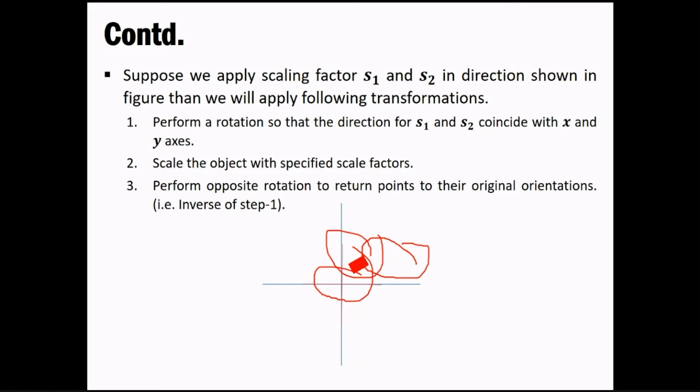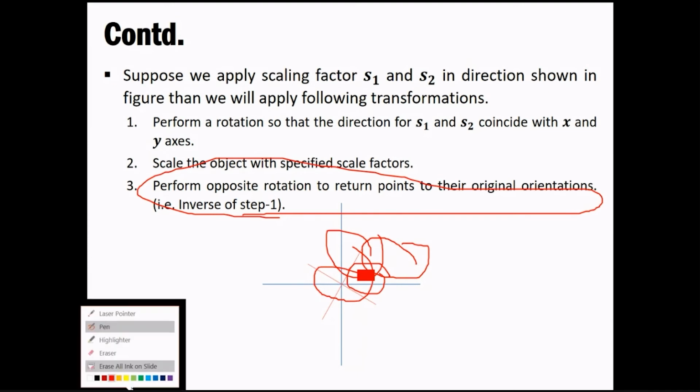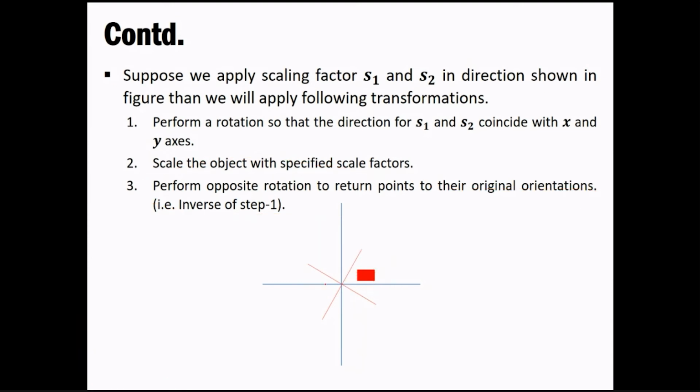We have to take it back to the required direction, putting it back to its original orientation. That is how we get the scaling in that direction, instead of performing it along the x and y axis.